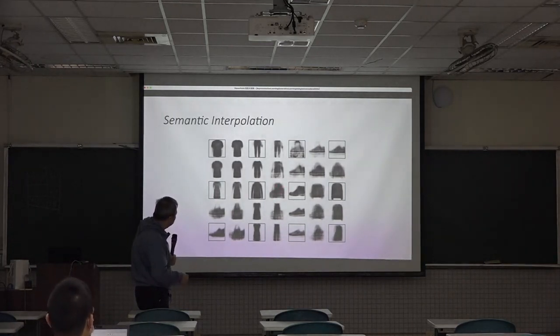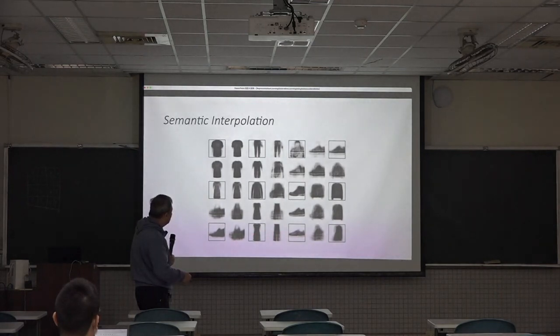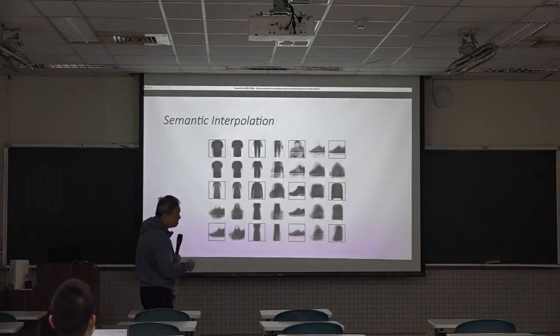Or for example, between shoes and a dress, this is pants. So it doesn't guarantee any special property. But if it's in between shoes, then this one must be shoes. If it's in between dresses, clothes, then the middle one must be clothes.